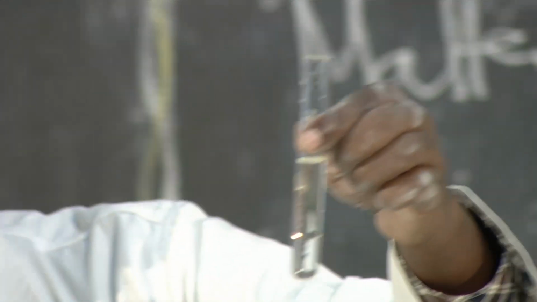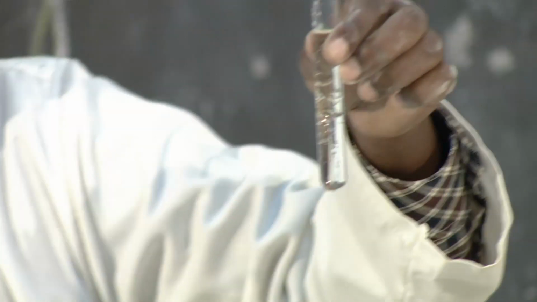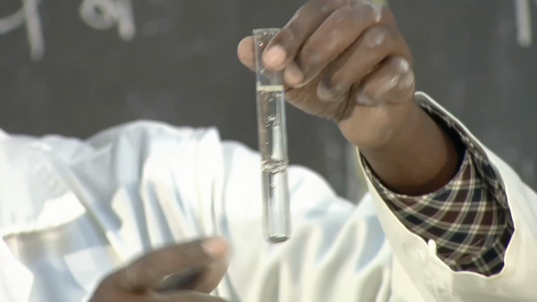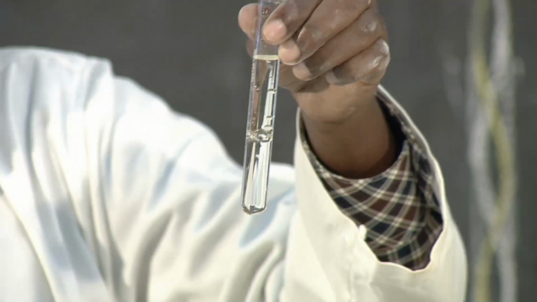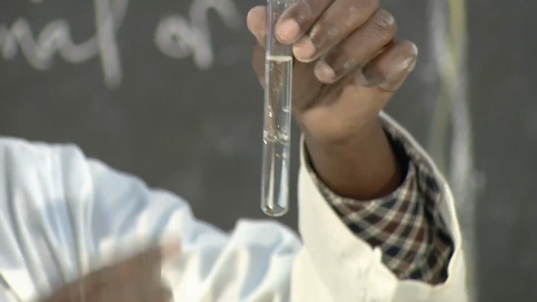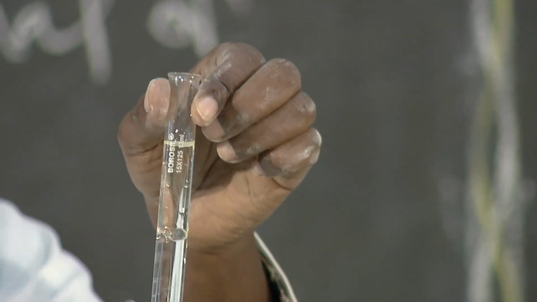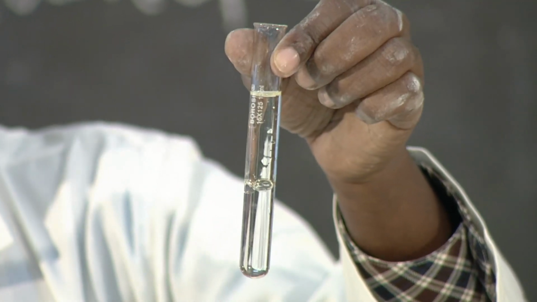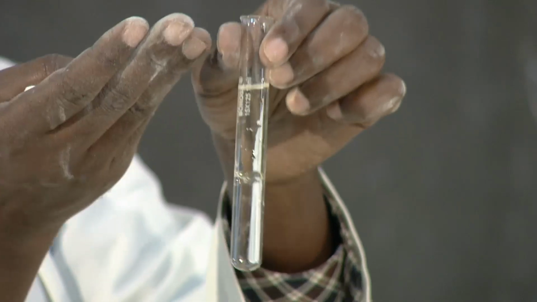I don't know whether you're seeing what is happening here. I can even add more water. You see what is happening. This substance is forming two phases. There are two layers. There is this upper layer, and then there is this lower layer. The lower layer is the water, and the upper layer is the oil.